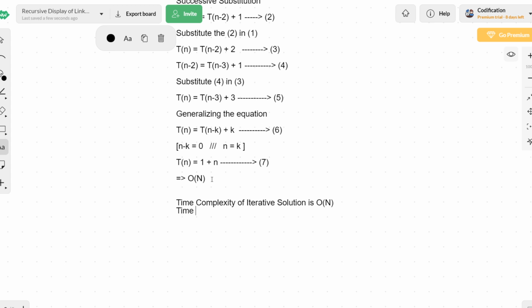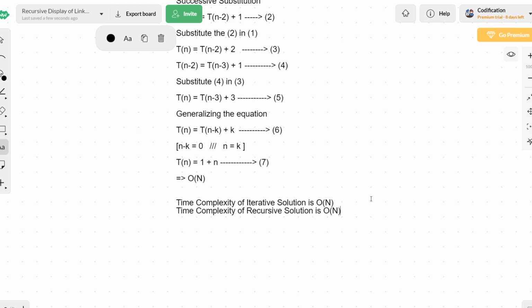The time complexity of the recursive solution is again order of n. So the time complexity of both the iterative method and the recursive method is the same. There is no difference at all.